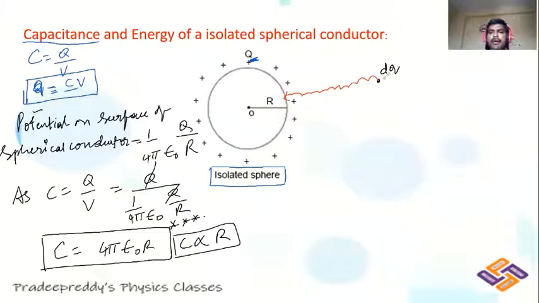Okay. Now this conductor has a positive charge capital Q, and you have a smaller charge dq. This dq is placed somewhere at infinite position. You need to bring that dq charge closer to this spherical conductor. So in order to bring this dq charge closer to the spherical conductor, you should do some work.